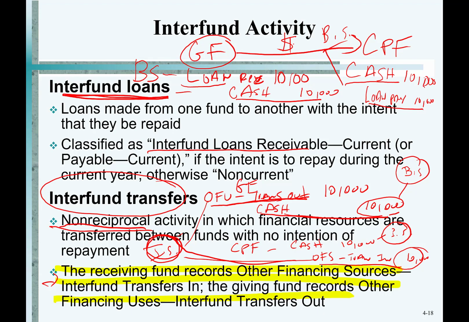Where does other financing uses show up? What financial statement does other financing uses show up on?